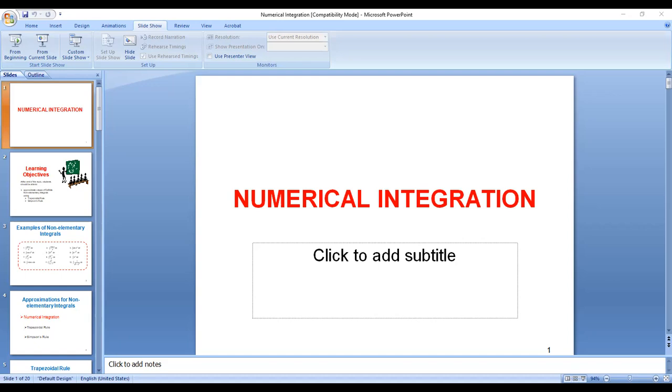Sine of x squared is also non-elementary. e raised to x squared, e raised to negative x squared, they cannot be processed using the techniques that were taught to you. Same thing with the cosine of x squared. Now, e raised to x over x, e raised to minus x over x could not be processed using techniques previously discussed because they are non-elementary.